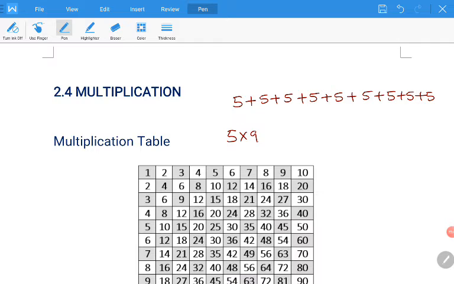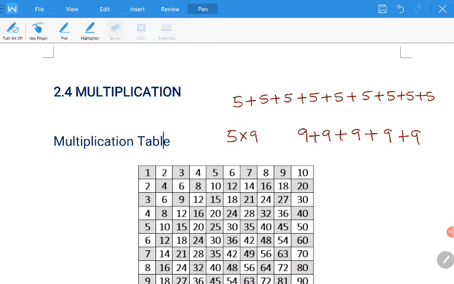So 5 times 9 is more like adding 5s 9 times. Or it can also be like writing 9 plus 9 plus 9 plus 9 plus 9. We get the same answer here.